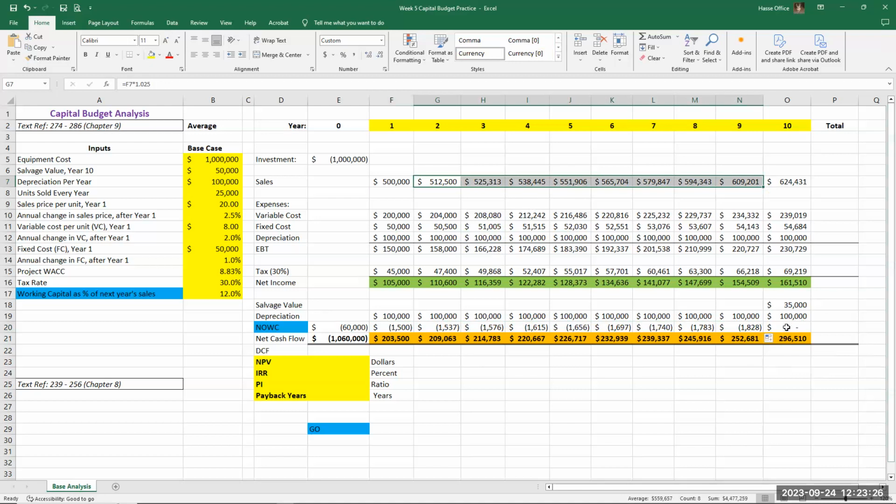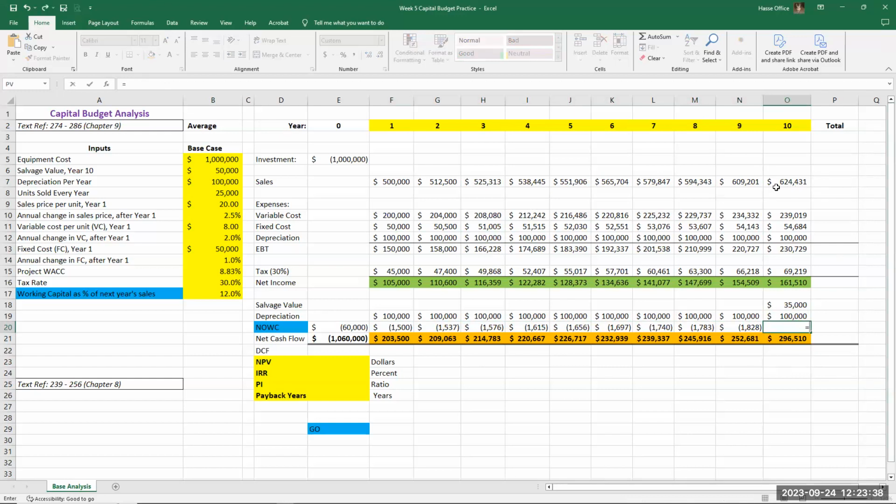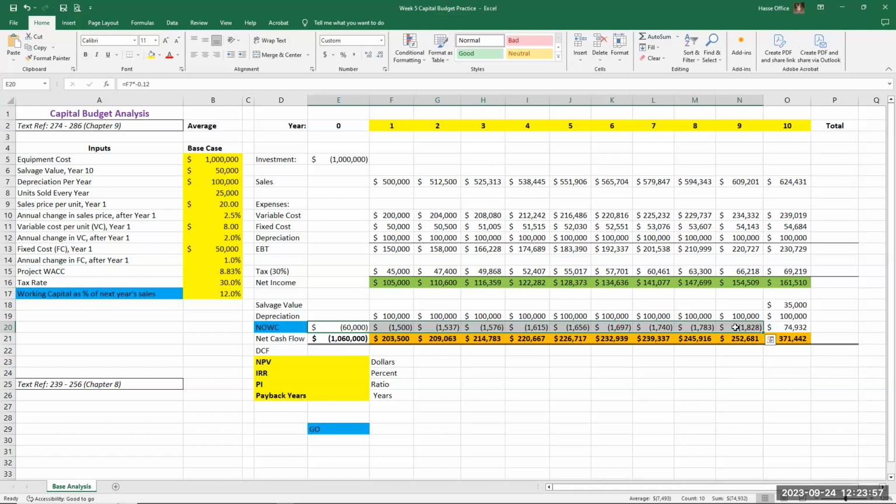But then in year 10, there's no more. The project is over, so there's no more need for working capital. So in year 10, we just take year 10 sales times 0.12, and we get $74,932 of positive cash flow. Why? Because if you take from year 0 to year 9, that's $74,932 of cash going out.